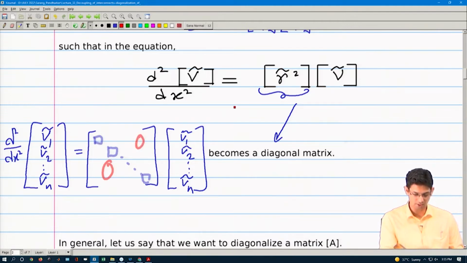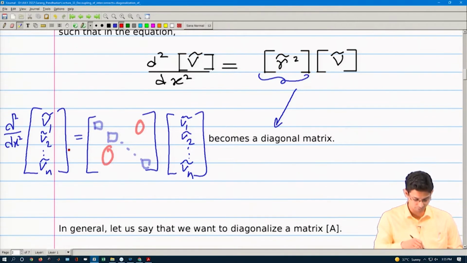If you have this, then you would have a system of decoupled equations which can be solved.